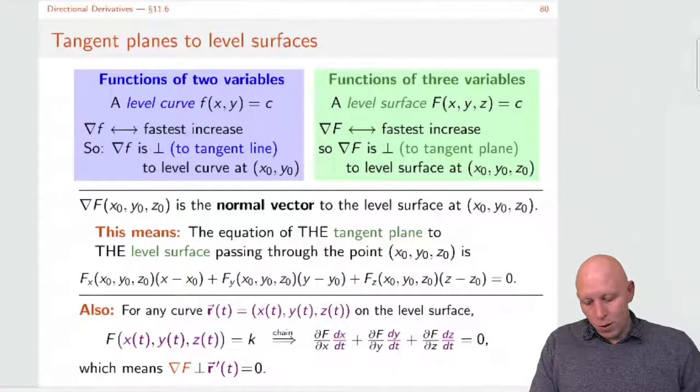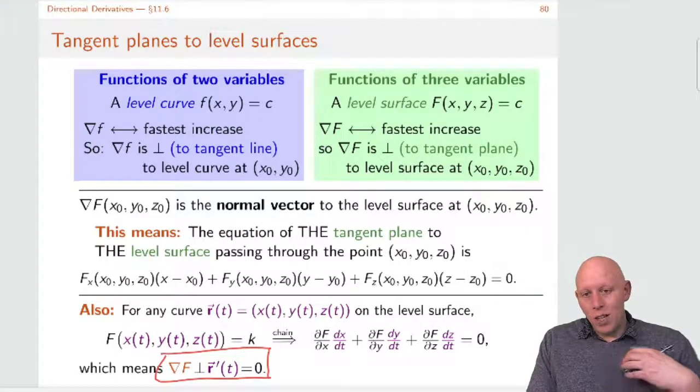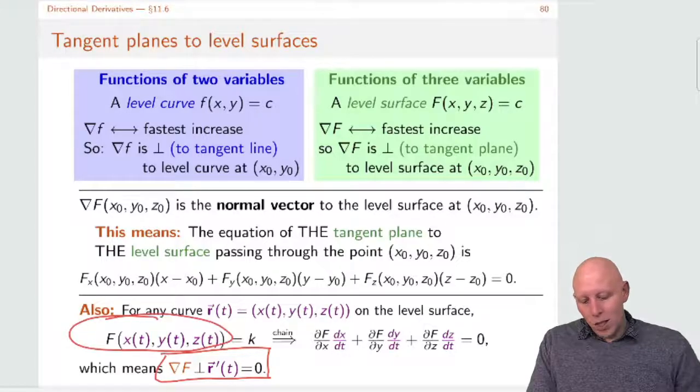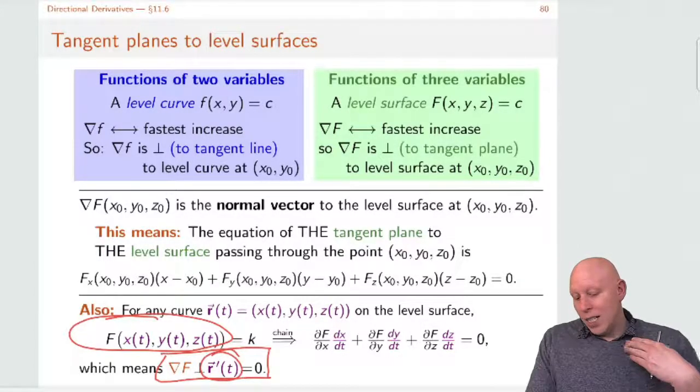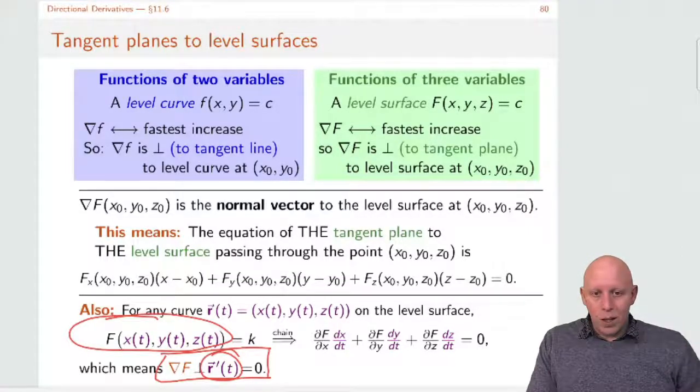And so we get interesting information about how the gradient vector of this bigger function is related to the tangent vector to the curve at any point. All right, let's stop there. Talk to you later.